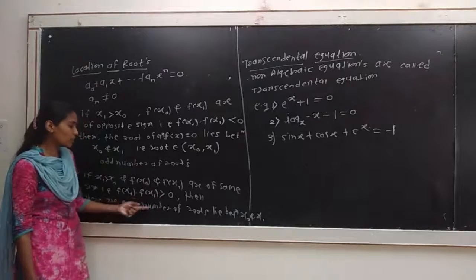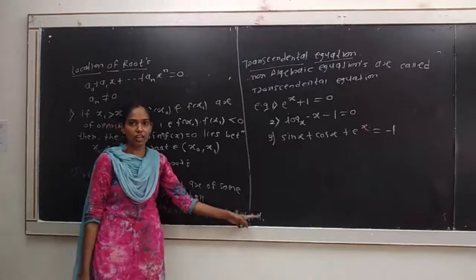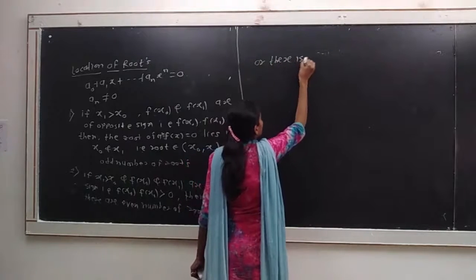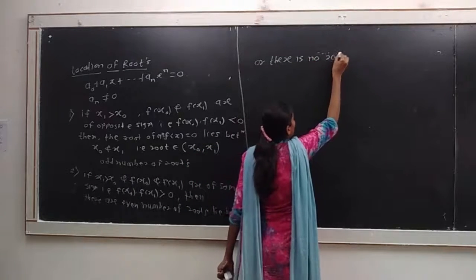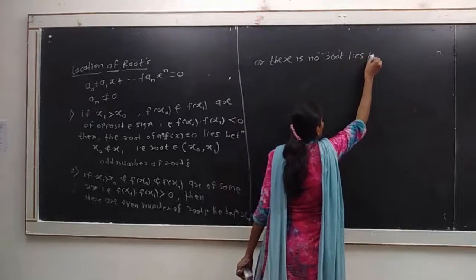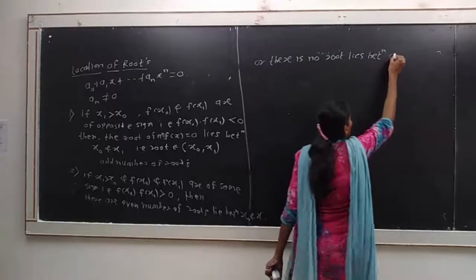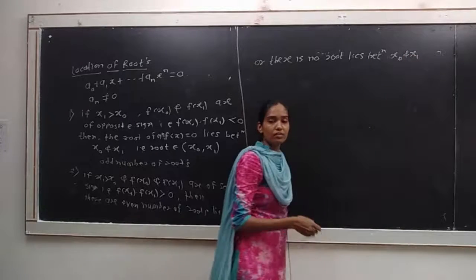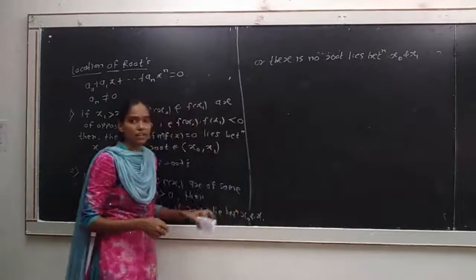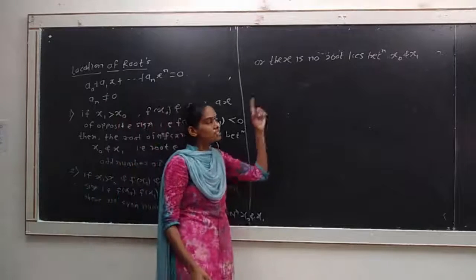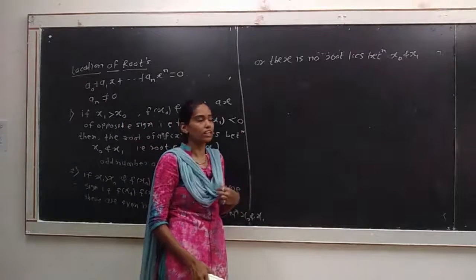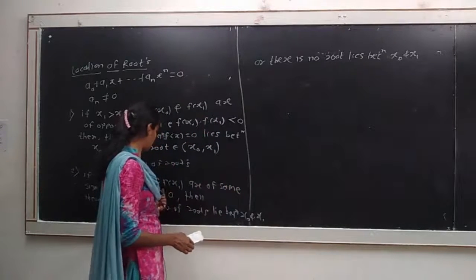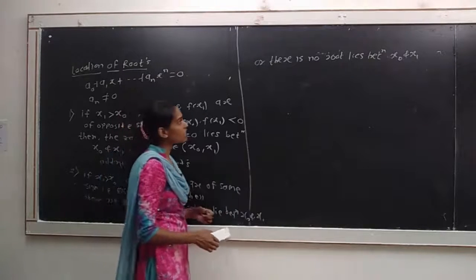Then there are an even number of roots lying between x0 and x1, or there is no root lying between x0 and x1, if the product of the values of the function at points x0 and x1 is greater than 0.